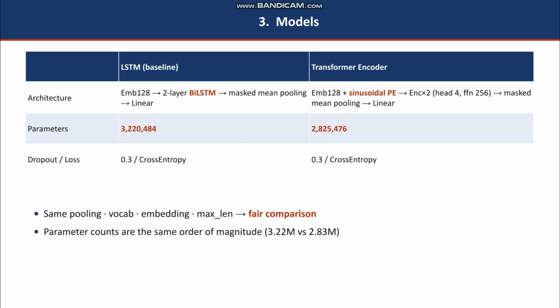The transformer has embedding 128 plus sinusoidal positional encoding, two encoder layers, four heads, FFN 256, mean pooling, and a linear layer. Parameters: 3.22M for the LSTM, 2.83M for the transformer, the same order of magnitude, so the comparison is fair.